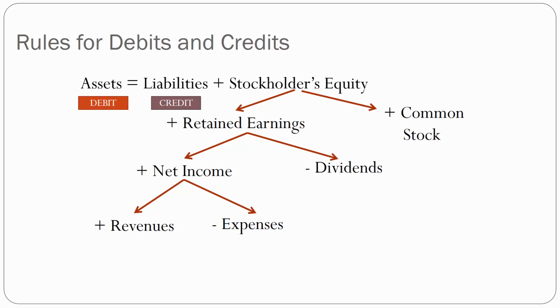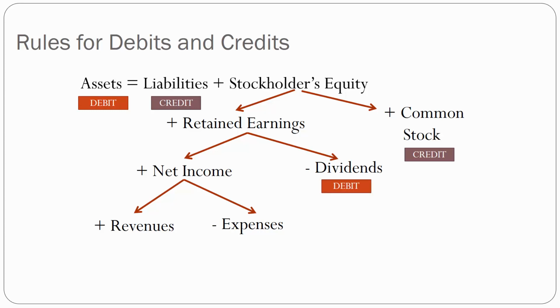And we can further break our net income into revenues, which increases net income, which therefore increases stockholders' equity, and expenses, which decrease net income, and therefore decrease stockholders' equity. And so now we can go back and look at our accounts that impact our stockholders' equity, and since common stock increases stockholders' equity, and it's on our right side, it's a credit normal balance.